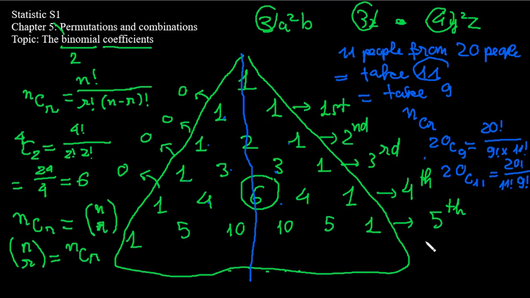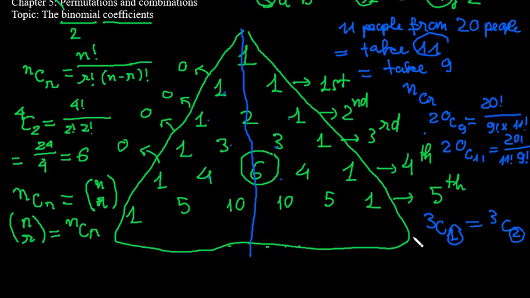Here we can have 3 choose 1, because its position is 1, 3C1 equals 3C2, and 1 plus 2 equals 3.